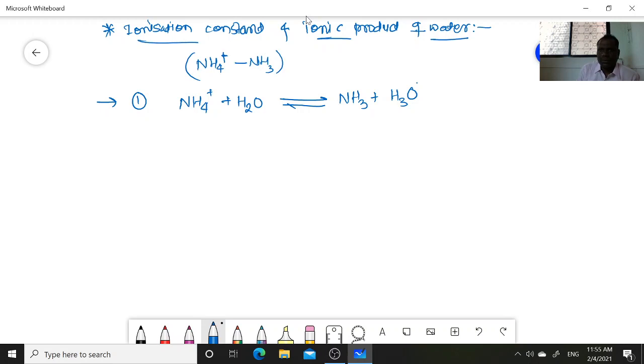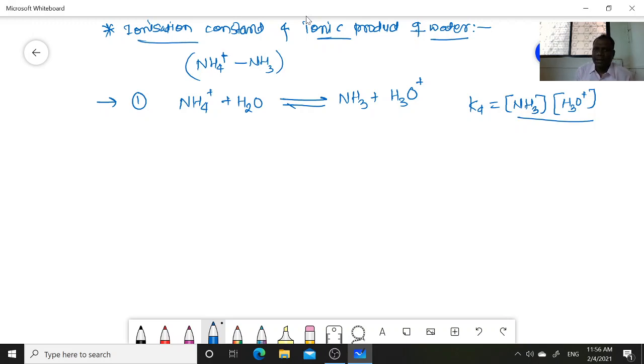Now by applying the ionization constant of this weak acid, NH4 plus being the weak acid, Ka for this reaction will be equal to the concentration of NH3 into the concentration of H3O plus divided by the concentration of NH4 plus.